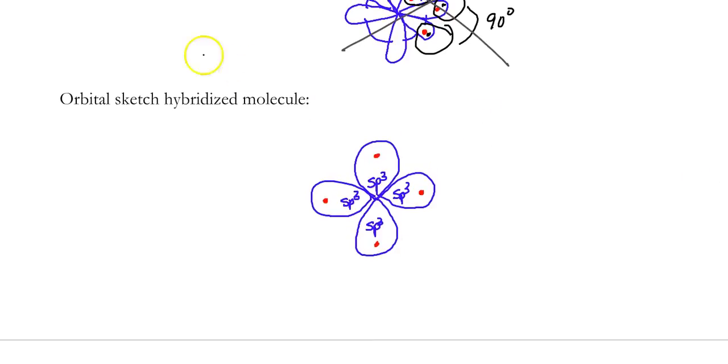Okay, and then we're going to bring on the hydrogen, which is just 1s1. And we have a better representation or model for what we see experimentally. The bonds are all the same. The bond energies are all the same. Now this looks like it's 90 degrees as well, because I'm drawing it 2-dimensionally.